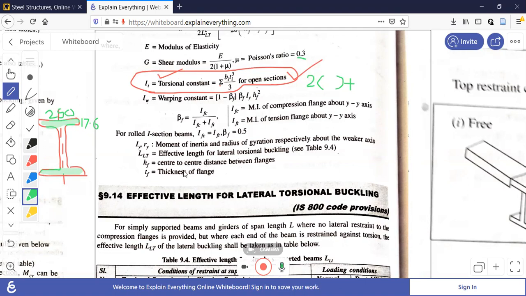But try to understand, it is 250 into 17.6 cubed by 3 because of this equation. So this is 2 because there are two flanges, and 1 is this. How do you calculate this related to the web?